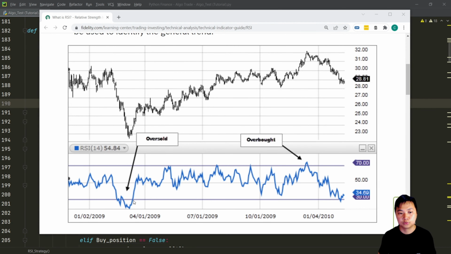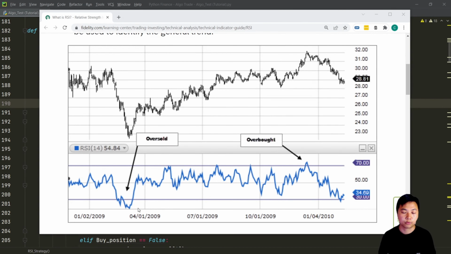In this case, we will find a crossover point, that is when the value is below 30 and then it becomes higher than 30. That is a crossover point of the 30 threshold. In that case, we will buy the stock or we will long the market. On the other hand, when the price is coming from 70 down to a value below 70, in that case, we will short the market or we will sell the stock.